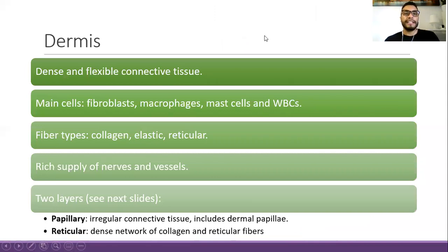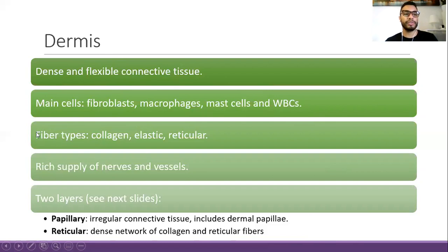And then this is the second layer of the skin. We have the epidermis, and this is the dermis. The dermis is a dense and flexible connective tissue. The main cells that compose the dermis are fibroblasts, macrophages, mast cells, and white blood cells.